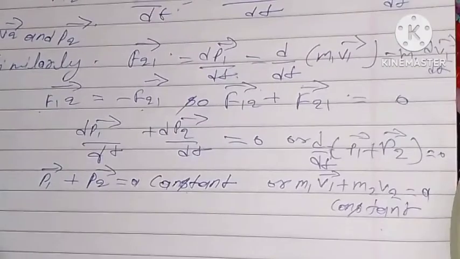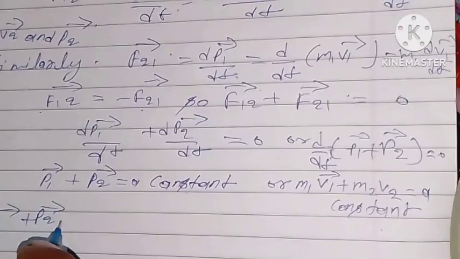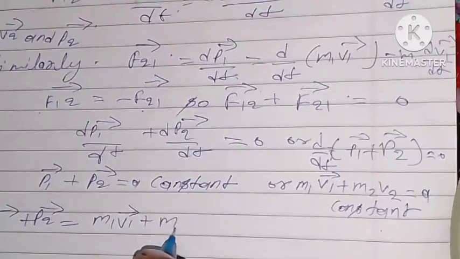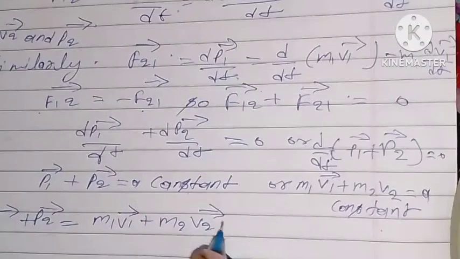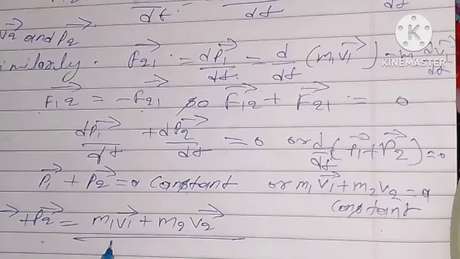The quantity p1 plus p2 equals m1 vector v1 plus m2 vector v2 represents the total linear momentum of the system.